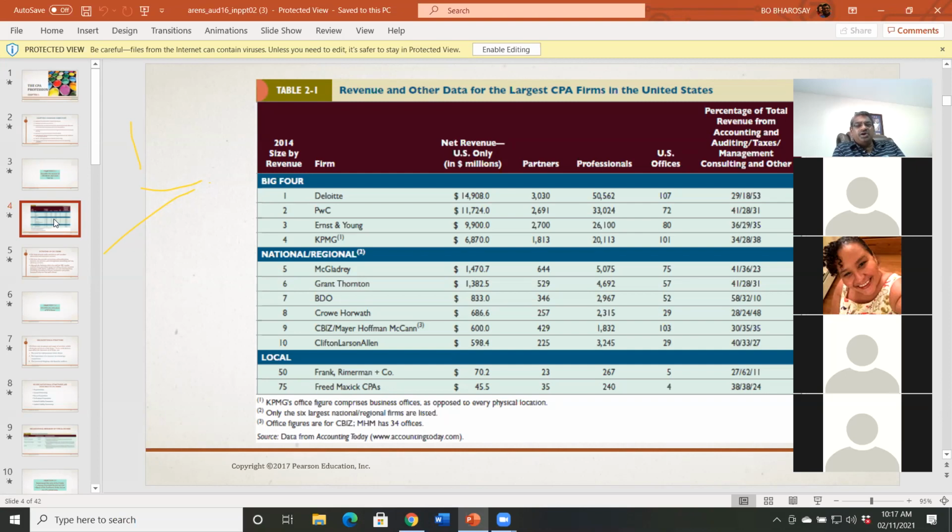In addition to the Big Four, you've got some national or regional firms. Number five, RSM McGladrey. Number six, Grant Thornton. Number seven, BDO Seidman. Number eight, Crowe Horwath. Number nine, CBIZ. Number 10, Clifton Larson Allen.